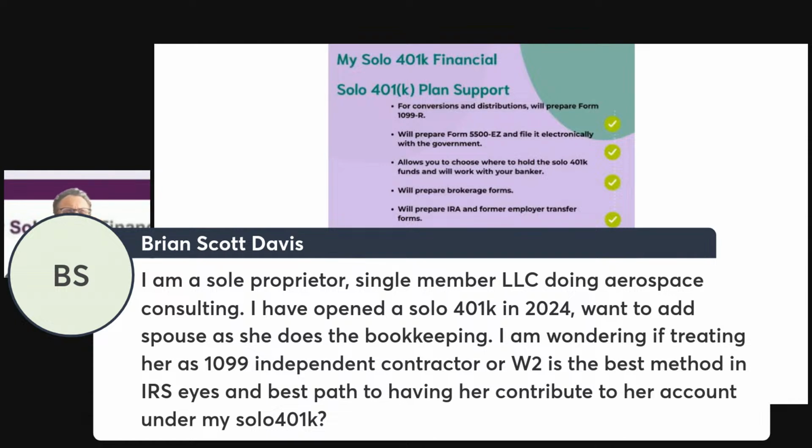So two separate Schedule Cs would be filed under that LLC, one for you and one for your spouse. One thing you may want to consider after you talk to your CPA is electing S corporation status. So you can still operate under an LLC, but have it taxed as an S corporation as opposed to a sole proprietorship.